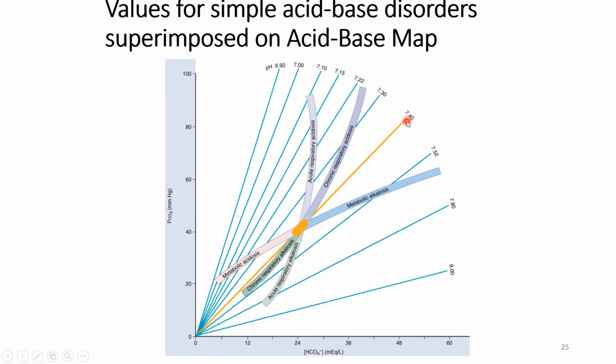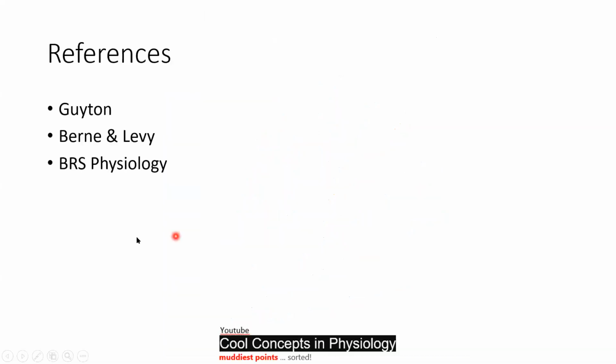You don't need any compensation there. Above and to the left will be acidosis, and below and to the right will be alkalosis of various kinds, two metabolic ones and two respiratory ones, both acute and chronic. This is a nice, quick way of diagnosing patients in a busy OPD, and it's used very handily. And these are the references.